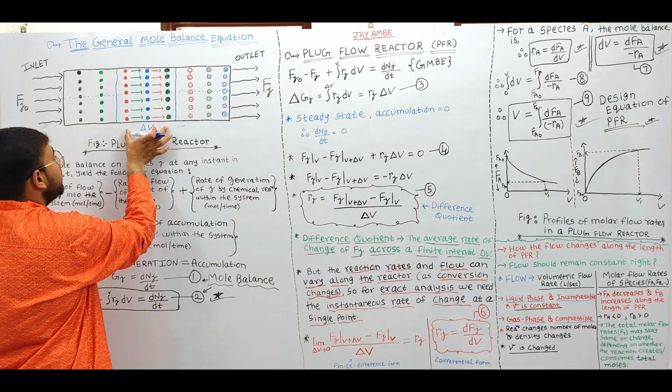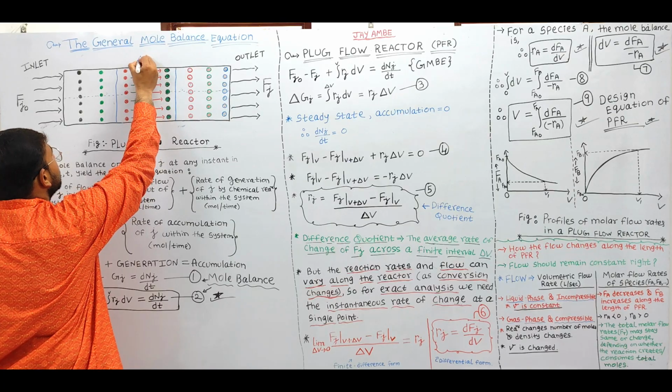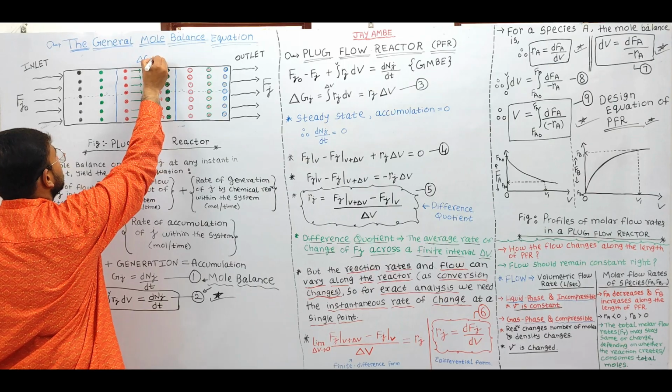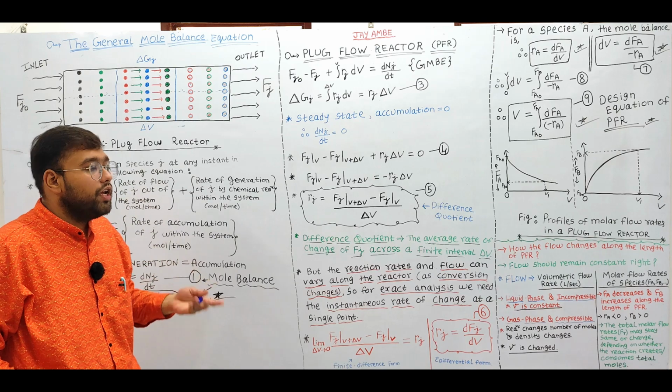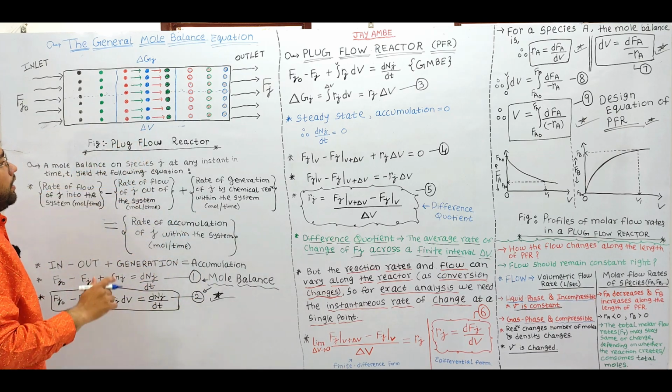In this finite delta V volume we'll have delta Gj, the rate of generation of any species j with respect to the finite volume delta V.